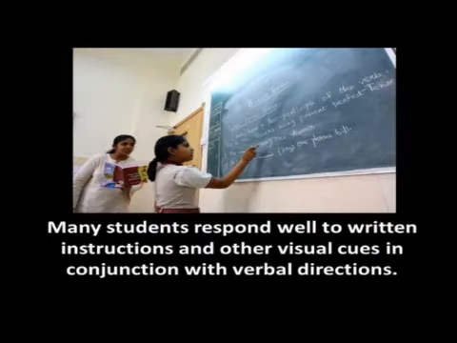Verbal direction should be simplified and clarified as needed, and many students respond well to written instructions and other visual cues in conjunction with verbal directions. Asking a student to repeat or paraphrase the directions after they have been delivered is another way to ensure that the student has heard properly.